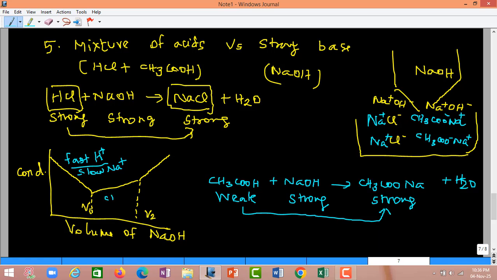That is, acetic acid which is weak is converted to sodium acetate which is strong, and so there will be an increase in the number of ions and increase in conductance. Further increase beyond the endpoint for the mixture of acids is due to excess sodium hydroxide, which is a strong electrolyte, and so the number of ions increases further.